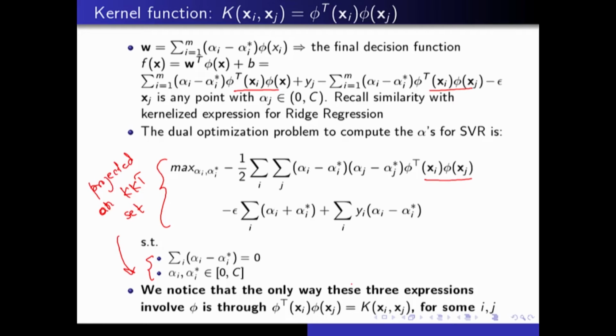Well, potentially we could have these phi's embedded in some very large dimensional space, and we'll see an example of that very soon. Phi's could come from some very arbitrary polynomial function, but the dot product could be computed very efficiently without necessarily having to enumerate the phi.